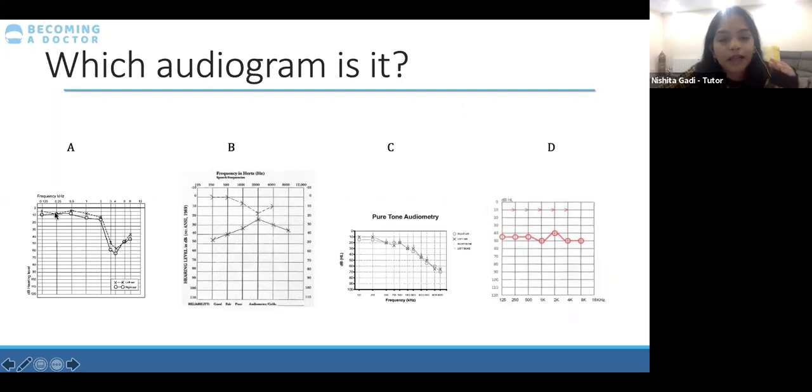That's why the bone and air conduction lines are close together. You've got both the right ear and the left ear drawn here, and there's no air-bone gap discrepancy. So that's why you know it's sensorineural hearing loss, and you know this is noise-induced because it has a characteristic dip at 4 kilohertz. I hope that's clear.